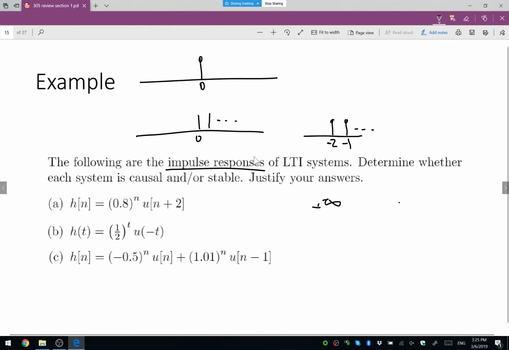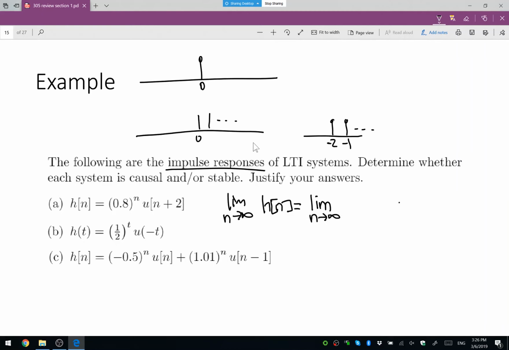So for the first, let's do these examples. For the first one, we just want to find the limit of h(n) as n goes to infinity. This is 0.8^n u(n+2). If n goes to infinity, this whole part goes to infinity, right?